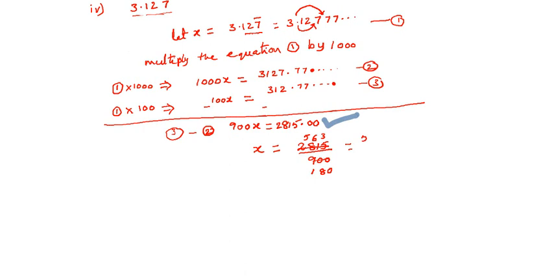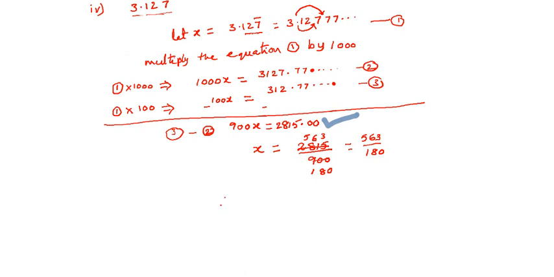Finally, what we get? 563 by 180. That is the smallest form of 2815 by 900. Now here, what is 563 by 180? It is the p by q form of the given decimal form of 3.127 bar.